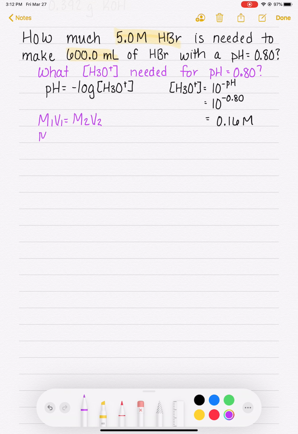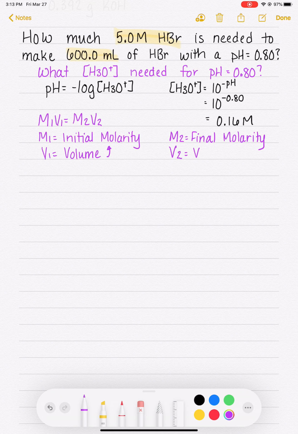In this problem, M1 is an initial molarity, and V1 is the volume of that particular solution with the initial molarity. And M2 is a final molarity, and V2 is the volume of that solution with the final molarity.